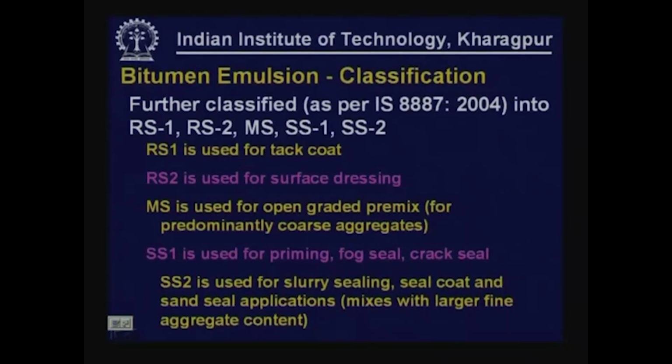RS1 is used for tack coat, RS2 is used for surface dressing, and medium setting emulsion is used for open graded premix having predominantly coarse aggregates. SS1, a slow setting variety type 1, is used for priming, fog seal and crack seal. SS2 is used for slurry sealing, seal coat and sand seal applications. These are mixes containing larger fine aggregate contents.